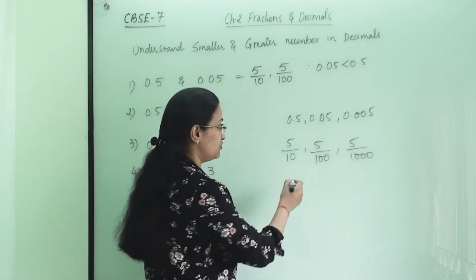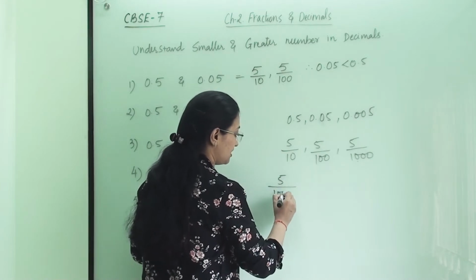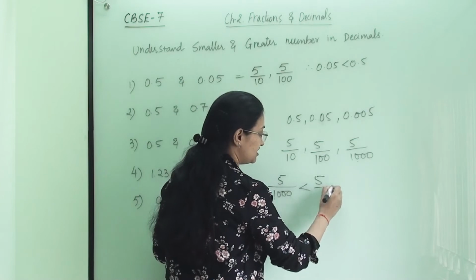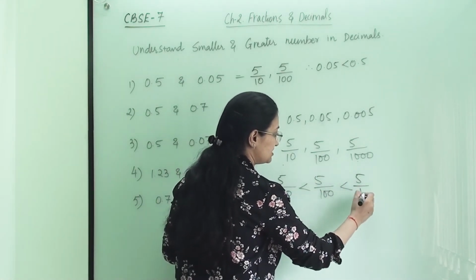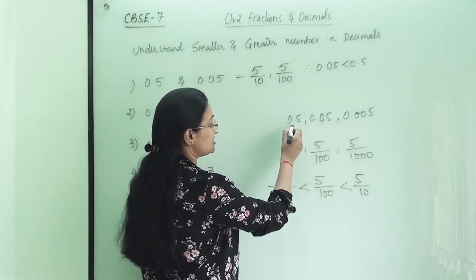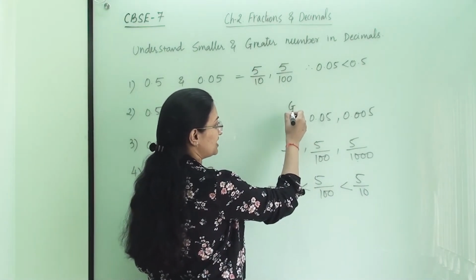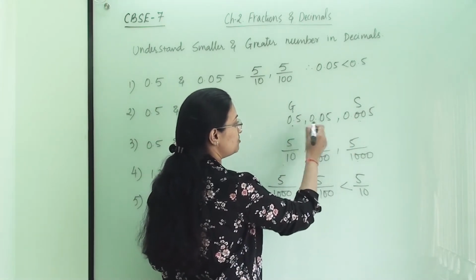So 5 over 1000 is the smallest, then comes 5 over 100, and then 5 over 10. This is the largest number, the greatest or biggest number, and this is the smallest number, and this number is in between these two.